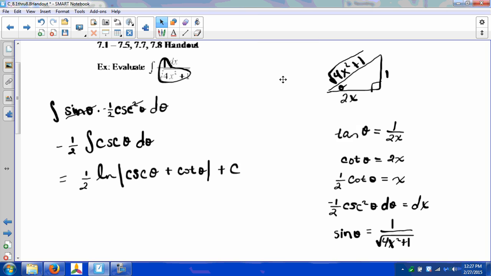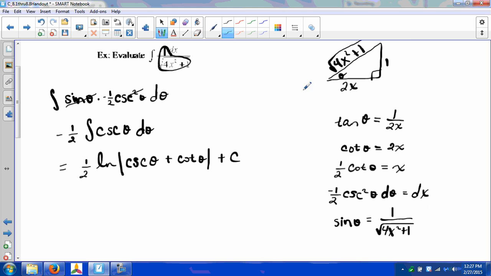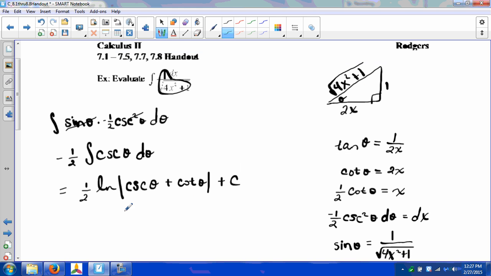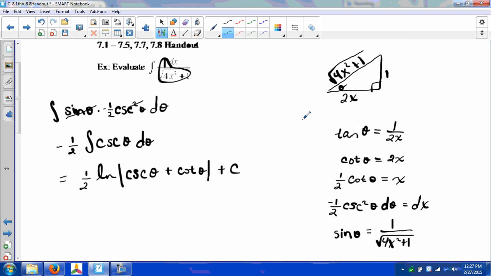Okay. Alright, well, I'm not done, because now I still need to translate it back into x's. So cosecant is what?